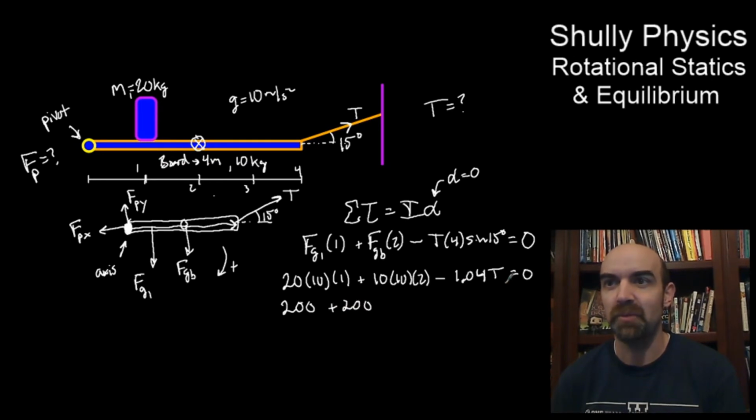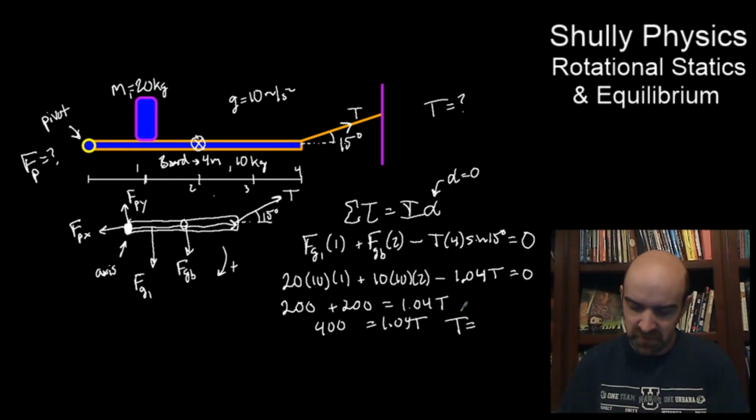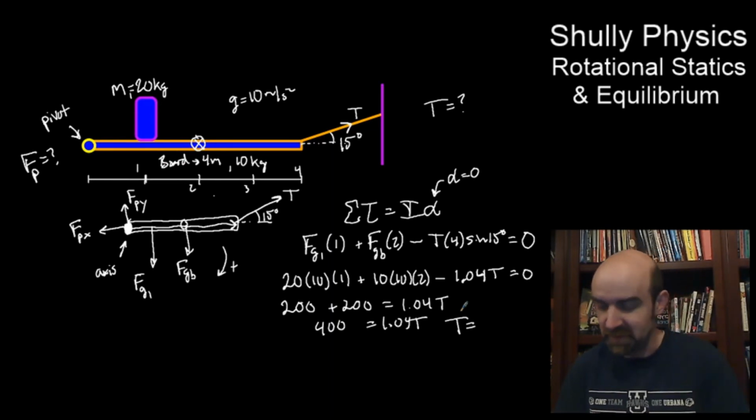And if we add 1.04T to the other side, we're going to get 400 divided by 1.04. So our tension is 400 over 1.04, 384.6. I'll say 385.